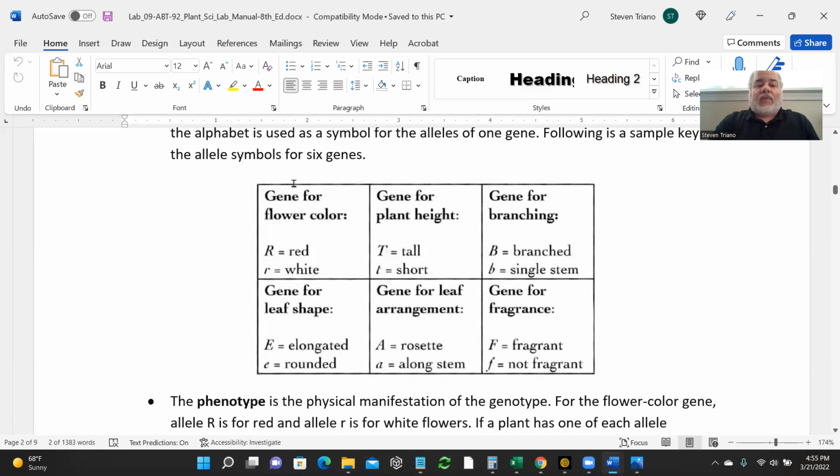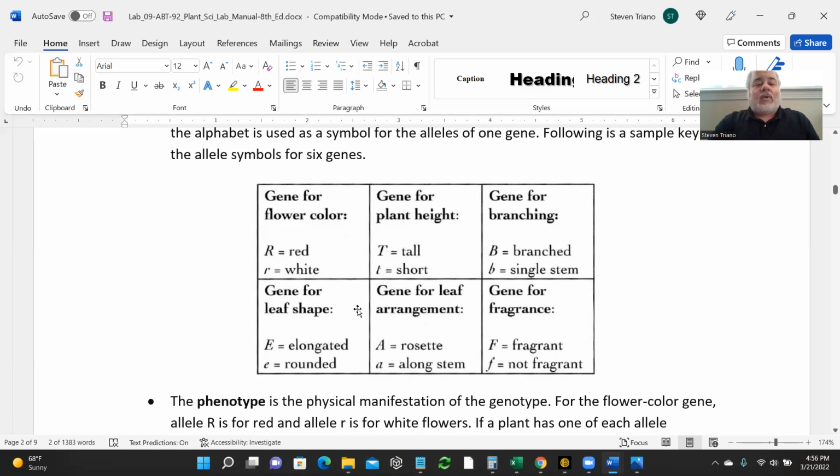So with flower color, as an example, if it is dominant for red, if it has one red allele from mom or dad, the flowers are red. Doesn't matter what the other one is because it's recessive. It only takes one red allele to make red flowers. Two red alleles, you still get red flowers. Two white alleles, lowercase r, and you get white flowers.